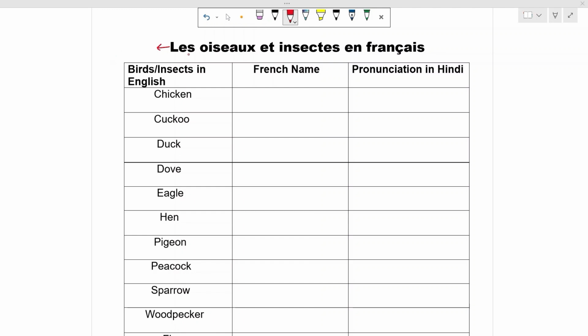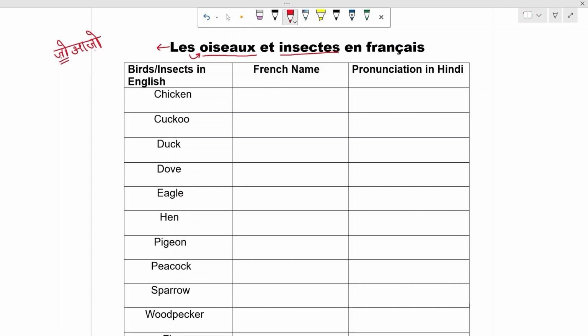The pronunciation of this word and this word is oiseaux. Zo. This is pronounced as les oiseaux. Because of the liaison rule, S will get connected to this O and the pronunciation will be zo.